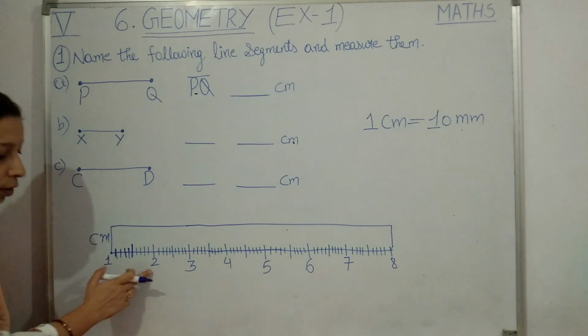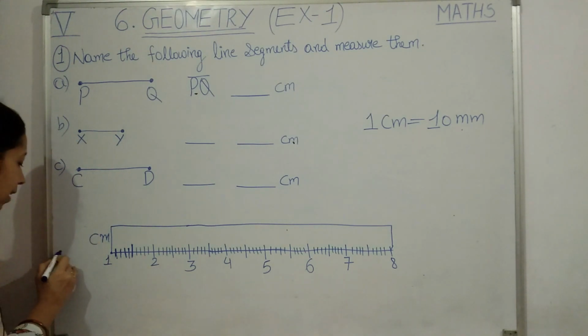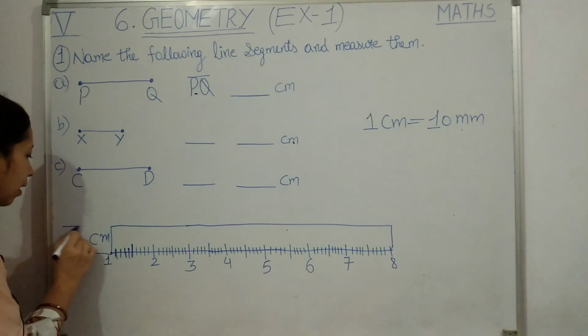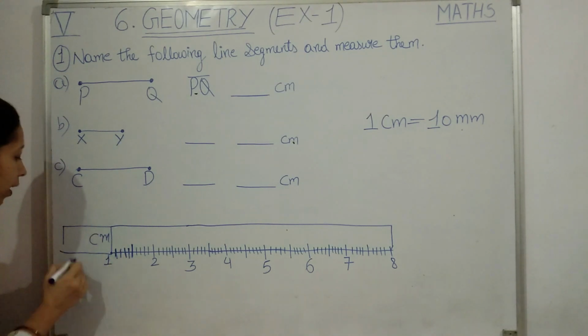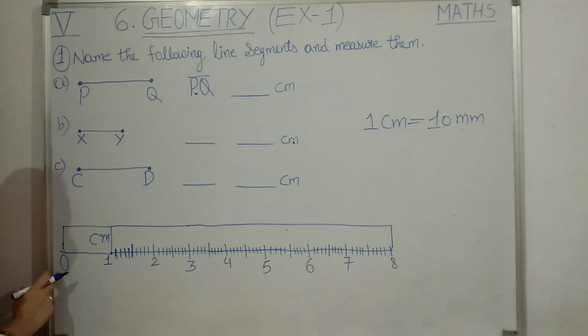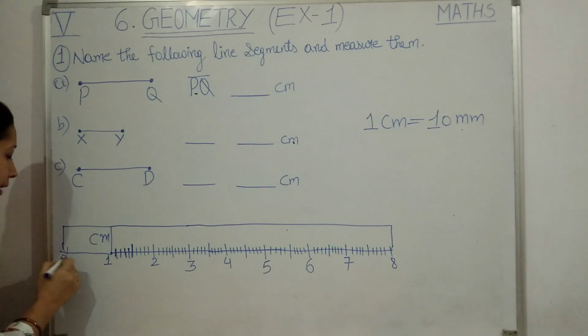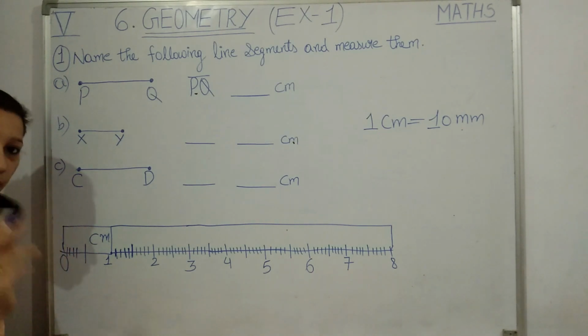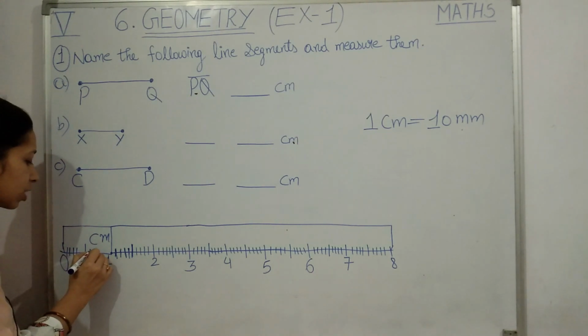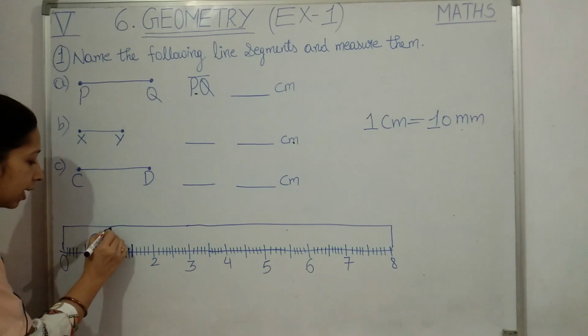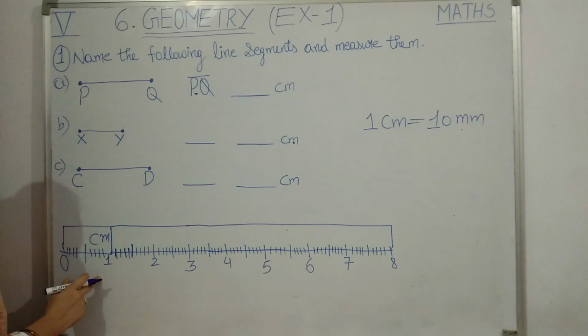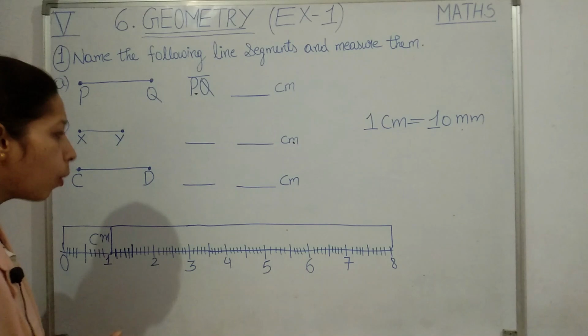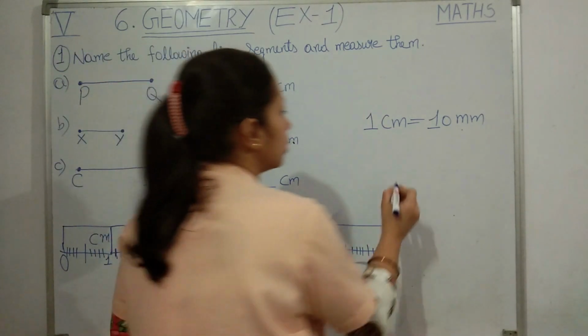Then you are going to get 2. Got it, students? And in your scale, before 1 also small lines are there, because the scale starts from 0. Then 0.1, 0.2, 0.3, 0.4 and this 0.5, then 0.6, 0.7, 0.8, 0.9 and here we are going to get 1. Understood, students?